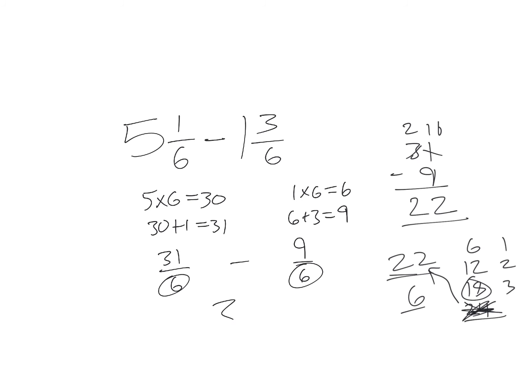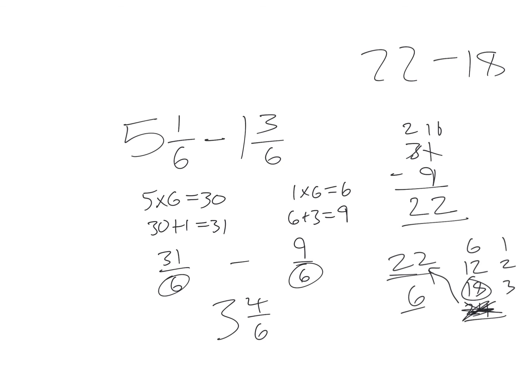So my answer is going to have a 3, and then I subtract the circled number from the top number. So 22 minus 18 is going to be 4, right? 4 what? 4/6.